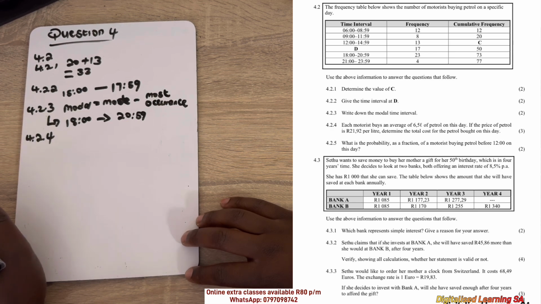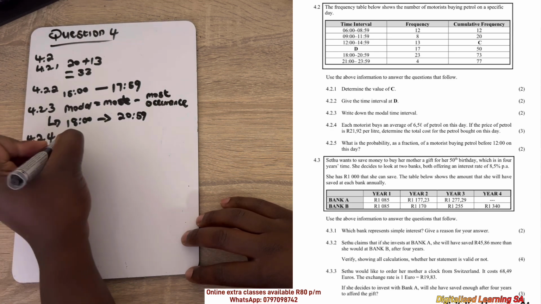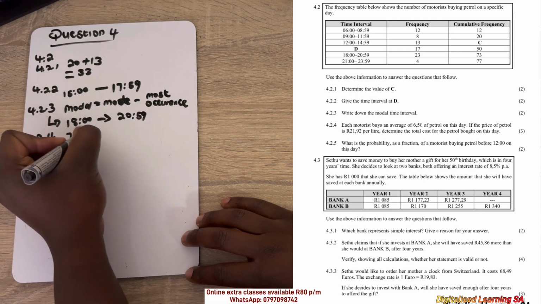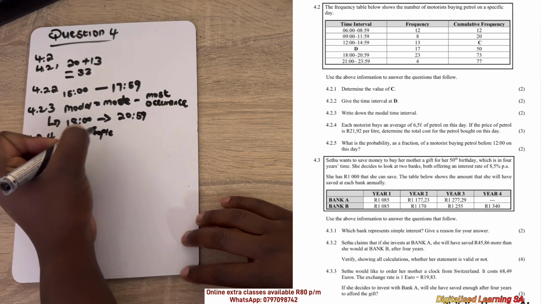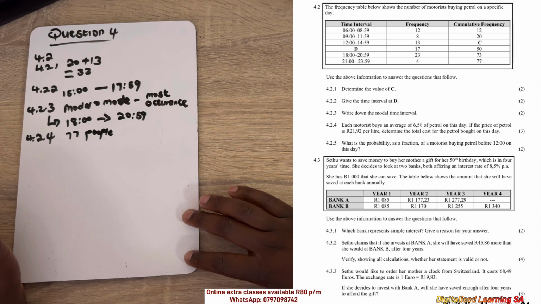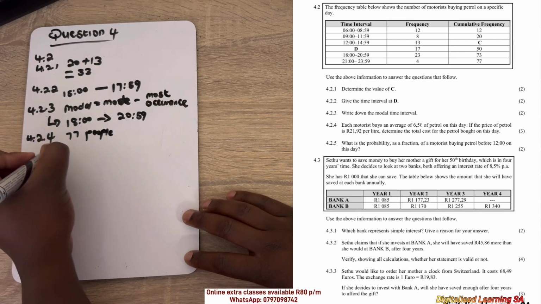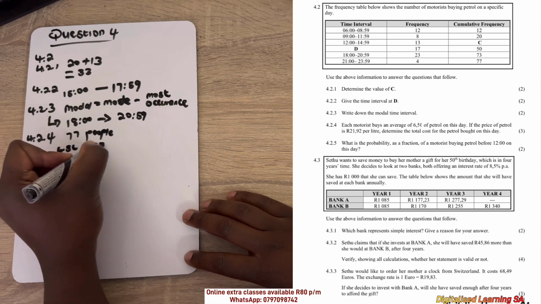So we are told that one person is buying 6.5 liters of petrol on this day, and we know that 77 people bought petrol on this day. So we just need to say 6.5 liters multiplied by 77.